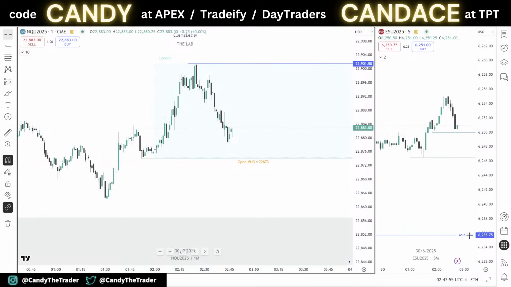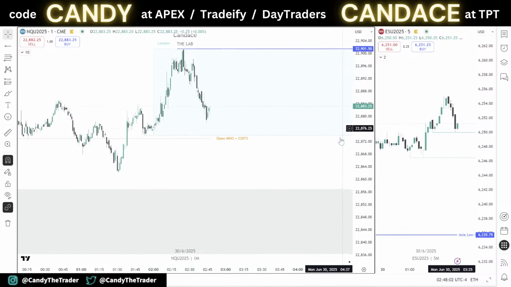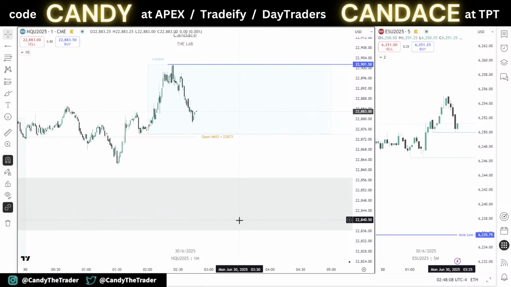Which level are you looking for to take longs here? You're right, it's actually possible for price to retrace back to the 1-hour BC first. But if price retraces to here, it's a kind of large move.